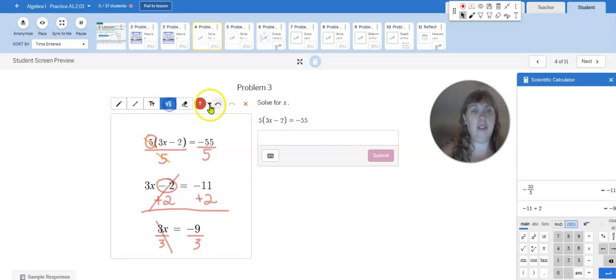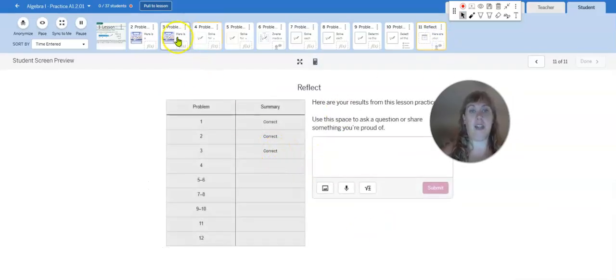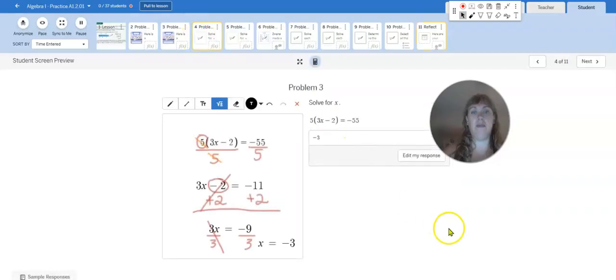That cancels out. And we're just left with x equals negative 9 divided by 3 is negative 3. So we can plug it in for x. We got negative 3. And we can check we got that correct. Awesome. Slide 5 when you're ready.